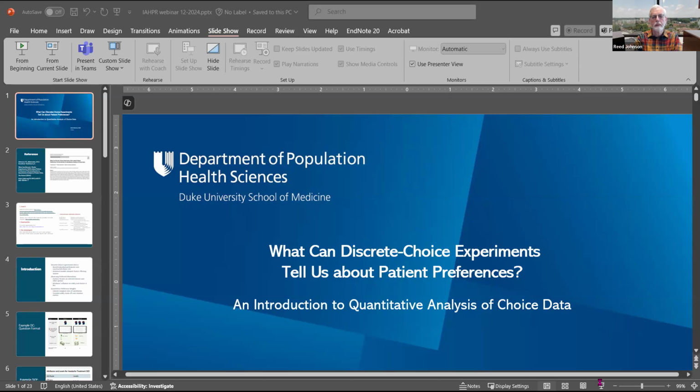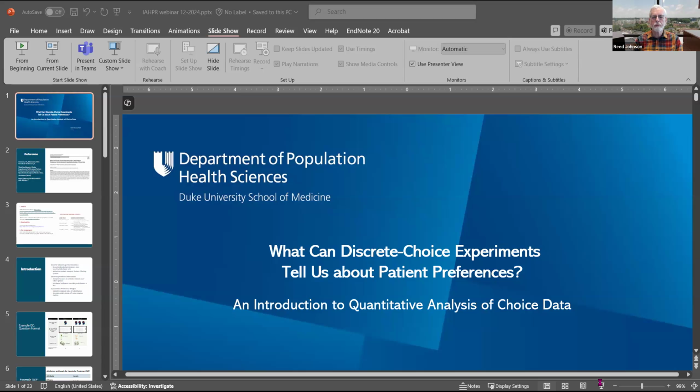So the idea is that as people are comparing two different alternatives, they are implicitly assigning relative importance weights to the various features that they're being shown in order to determine which one has the greater utility. And I'm going to use utility today, not in the sense of health state utility, but in the way that utility is used throughout economics except in health, which is an indicator of welfare or well-being.